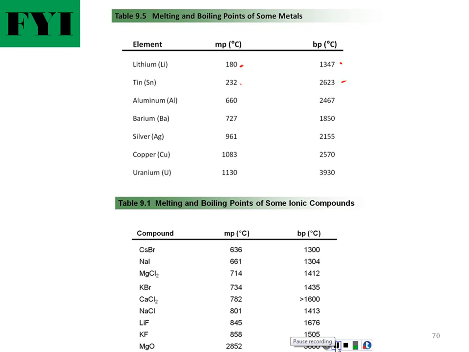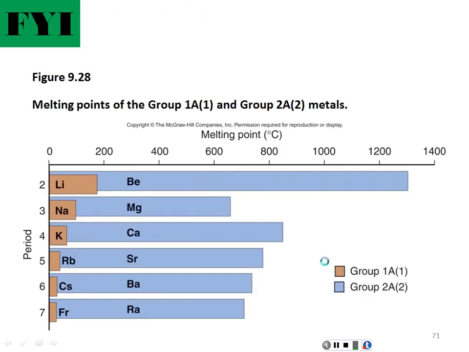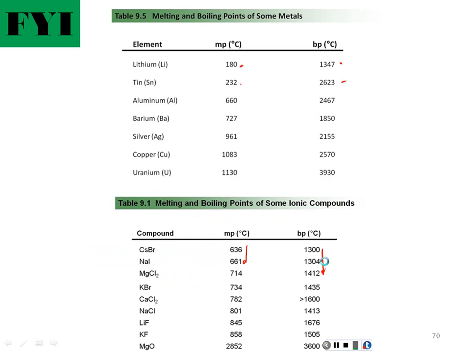And compare this with the melting point and boiling points of some ionic compounds. Ionic compounds tend to have slightly higher, I would say, on average melting points, but lower boiling points than metals. And I just point out really quick, you notice that magnesium oxide has really high melting point, really high boiling point. Why is that?